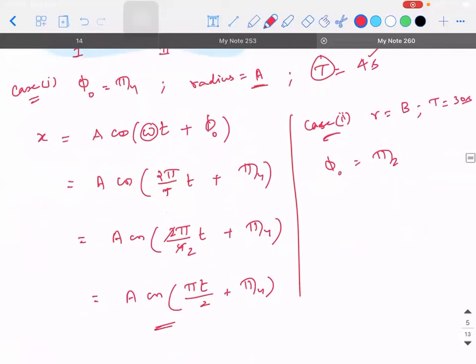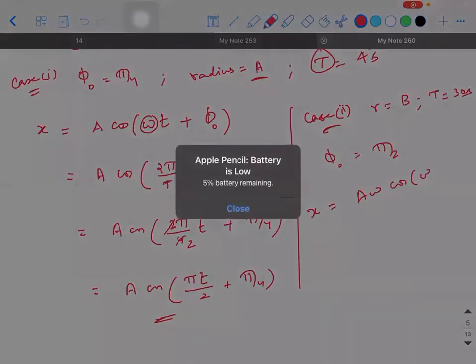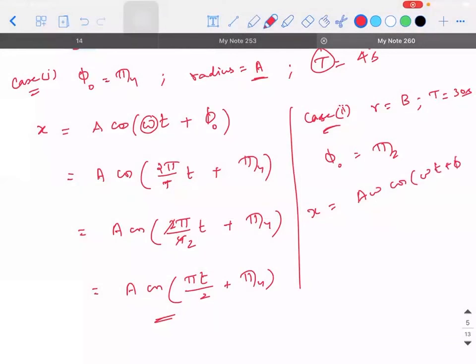Okay. So x will be equal to how much? Same logic: cos of omega t plus phi naught.